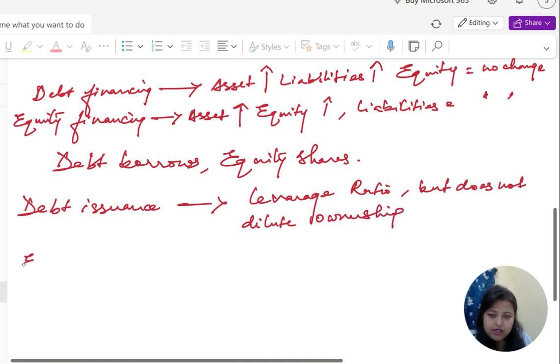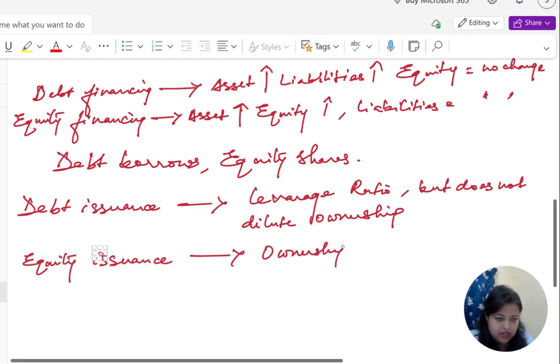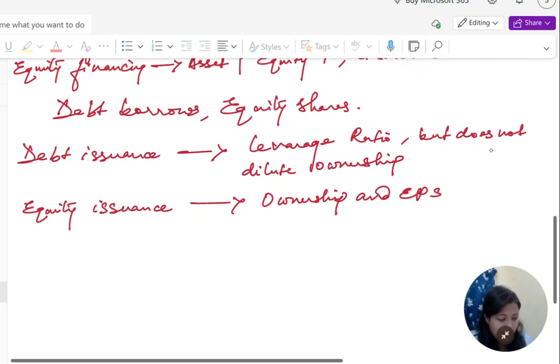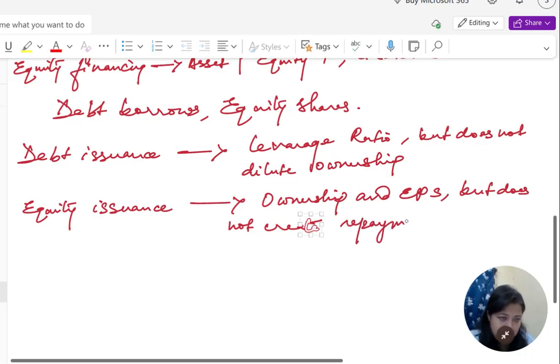And equity issuance impacts ownership and EPS, but does not create a repayment obligation. This is a good way to connect finance with accounting in exams.